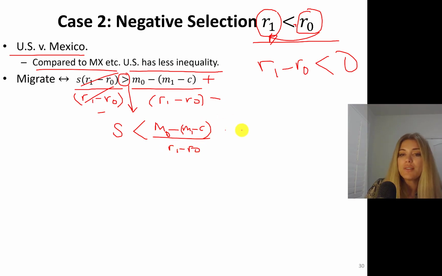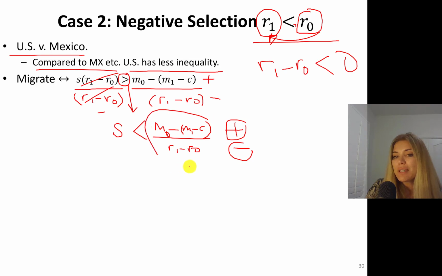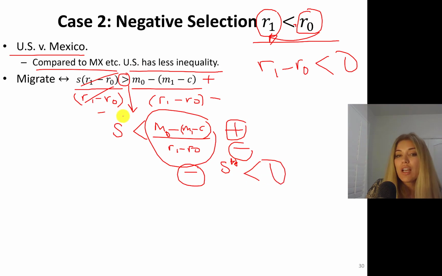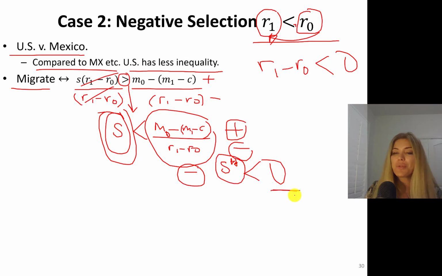I know this is a positive number and this is a negative number. If you divide positive by negative, this whole thing becomes a negative number. So negative means less than 0. So this S star, let's call it S double star, is less than 0. You will migrate if your skill level is less than S double star, which is a negative number.